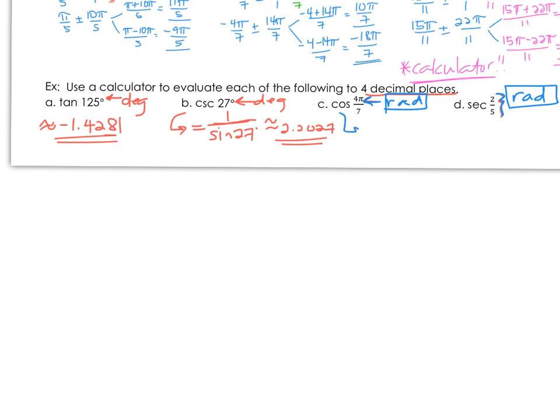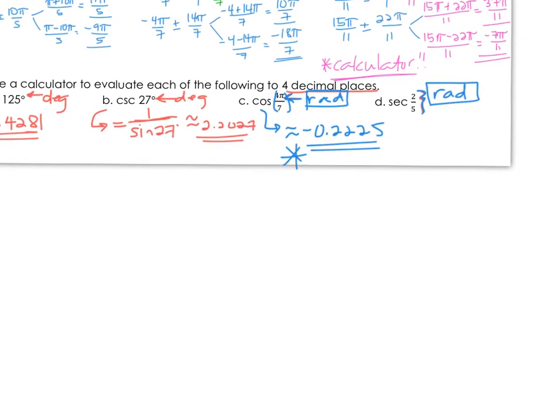So cosine 4 pi over 7, put 4 pi over 7 in parentheses, and then press enter. And you should get negative 0.2225. Again, make sure you can do that on your calculator. As you type that in, I'm going to scroll over here because I'm running out of room.